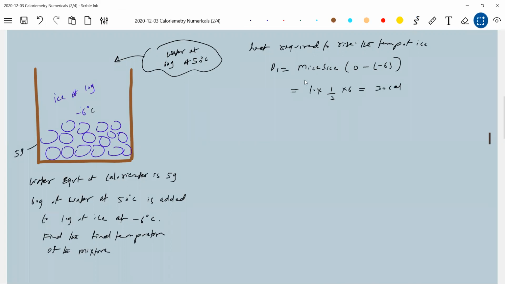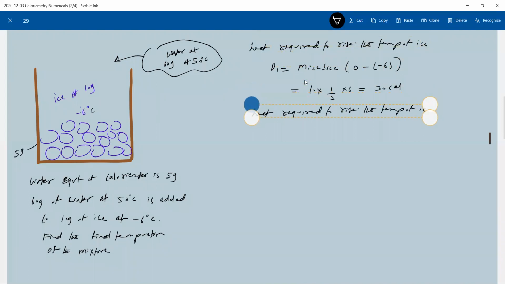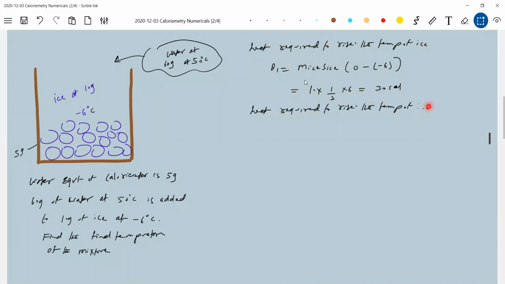Similarly, heat required to raise the temperature of calorimeter, Q2 equal to WC into 0 minus of minus 6. So this should be equal to water equivalent 5, 5 into 6, 30.